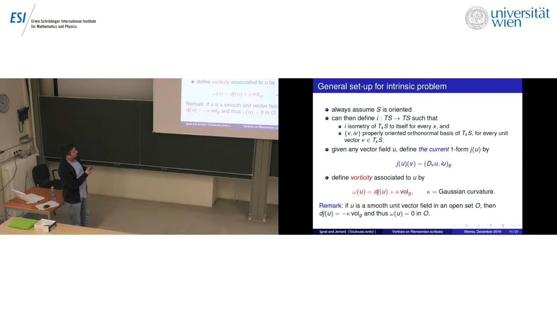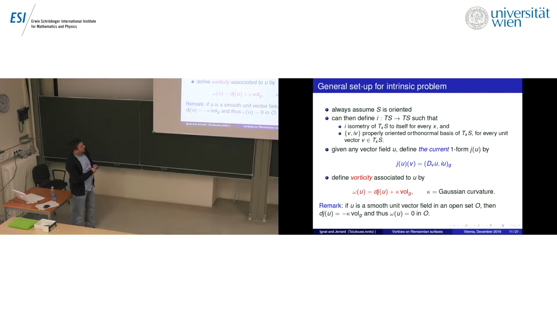This is the isometry that in the tangent plane will turn by pi over 2. And then the current is nothing but what I call here u wedge grad u, right? So it's nothing but this kind of scalar product.